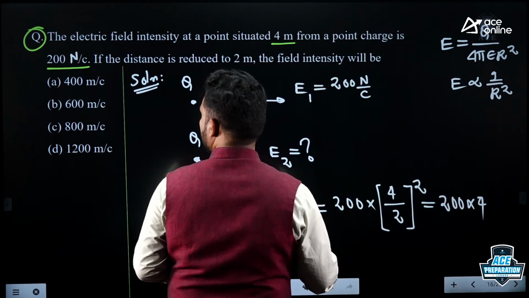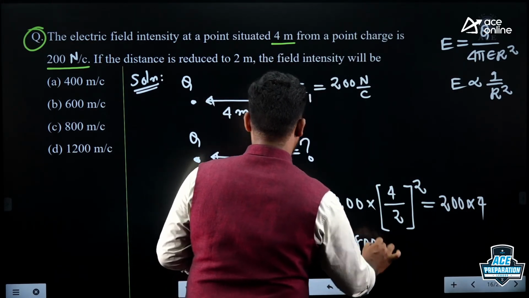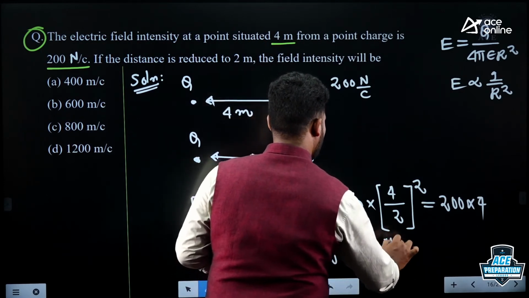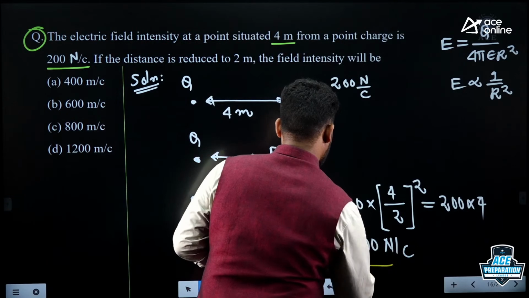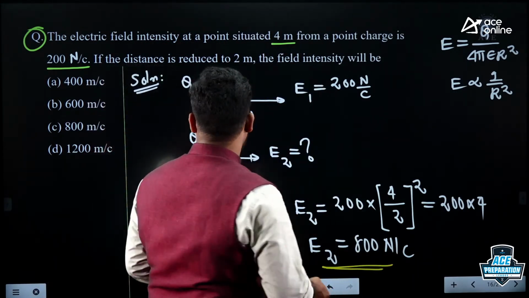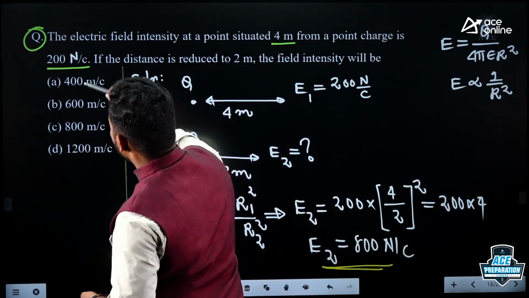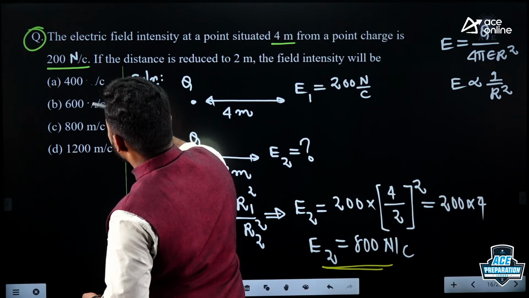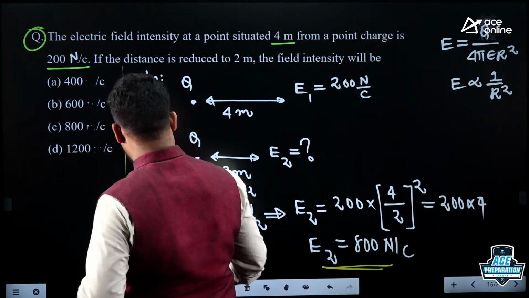So what is this E2? E2 is equal to 800 Newton per Coulomb, is the answer. If the distance is decreased, obviously electric field strength increases. Okay, so what is the answer here? The answer here is 800 Newton per Coulomb. Option C is the answer.